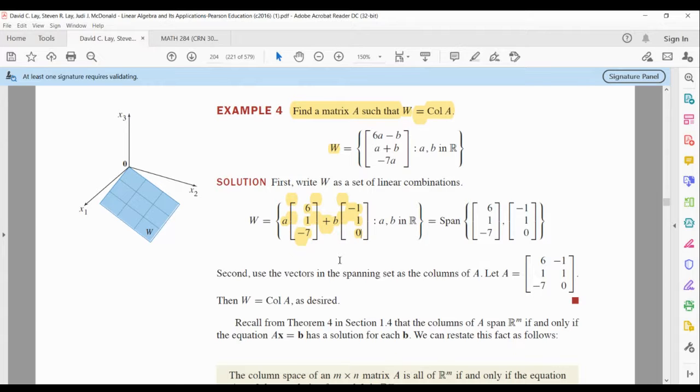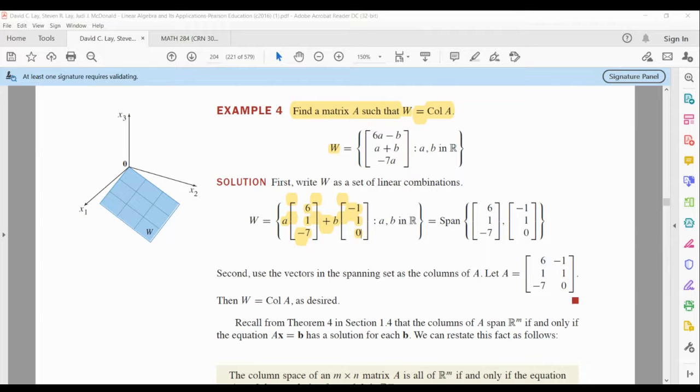Vectors in space W can be expressed as a linear combination of vectors 6, 1, -7 and -1, 1, 0. That means W is the span of two vectors.